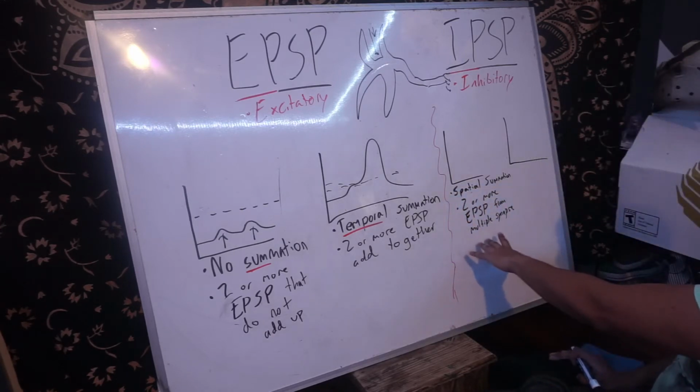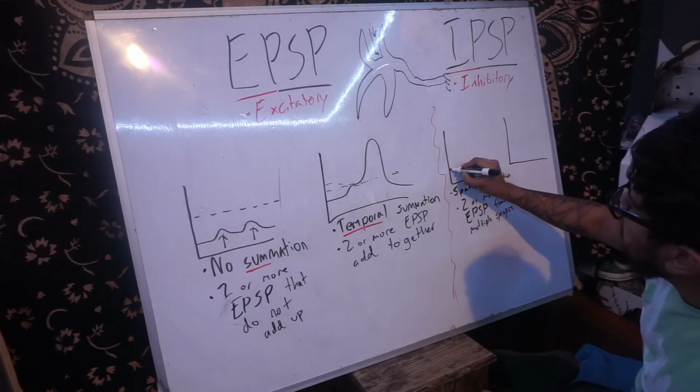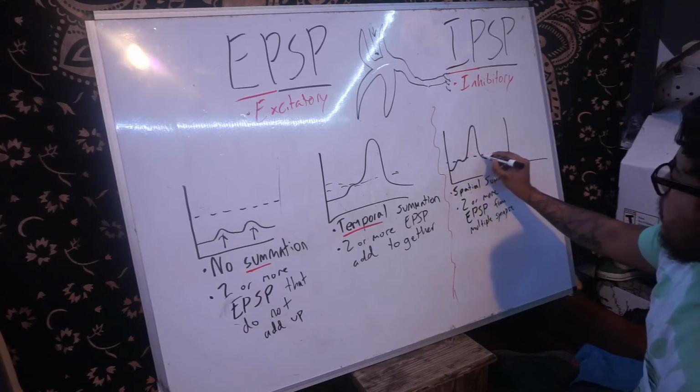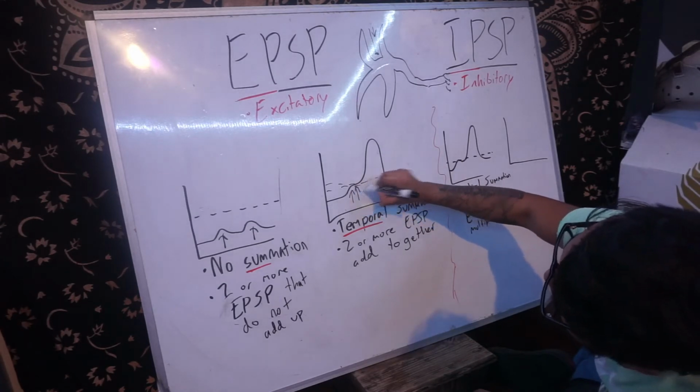Two or more EPSPs from multiple synapses. And what this looks like is kind of the same thing here, right? You're still going to reach that threshold. I should have drawn the arrows here.